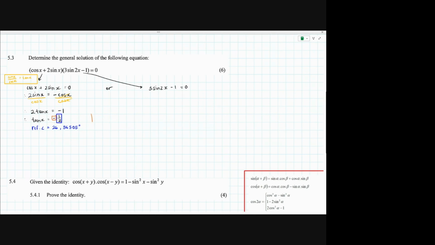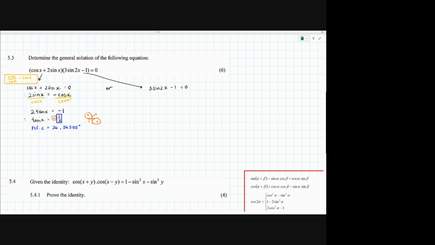If we think about, again, our beautiful little CAST diagram, tan is only negative in quadrants 2 and 3. This is now where we decide what reduction we're going to use. Now, grade 12s, I said it earlier, but I'm going to say it again. For a tan equation, you only need to do one solution, okay?